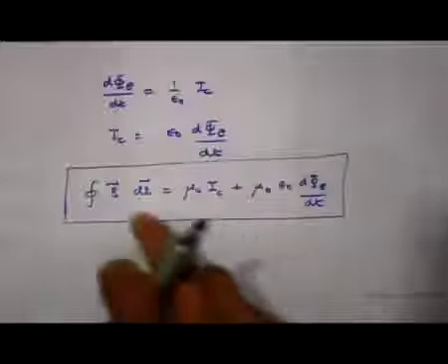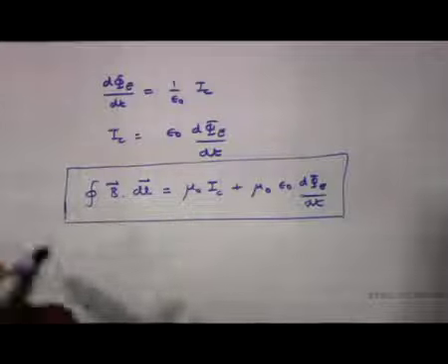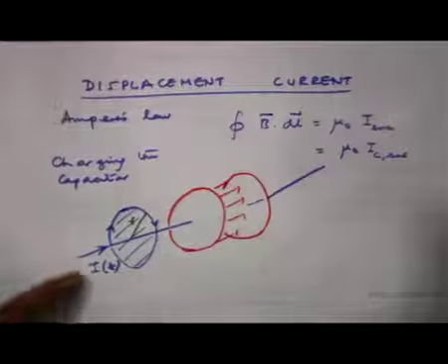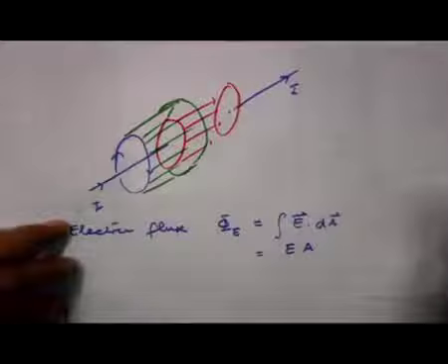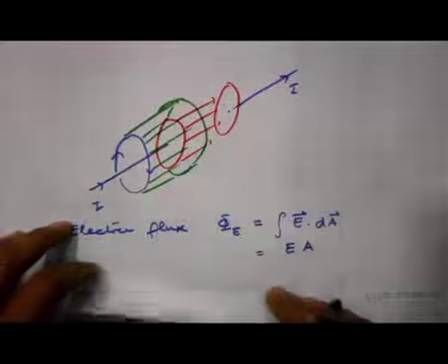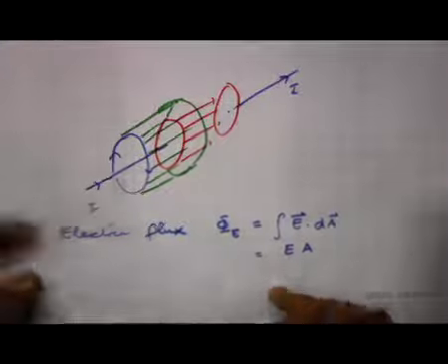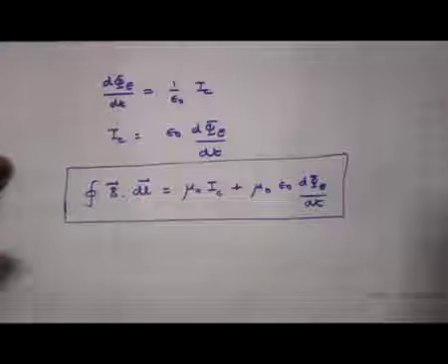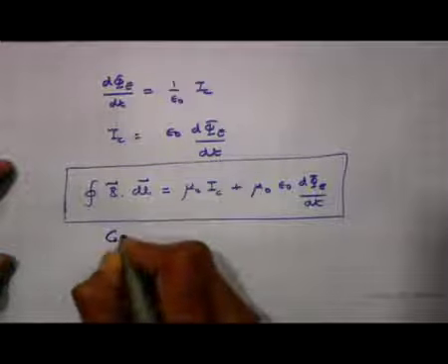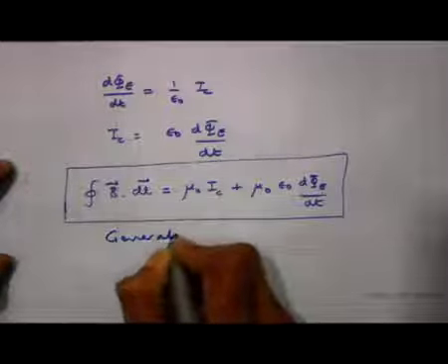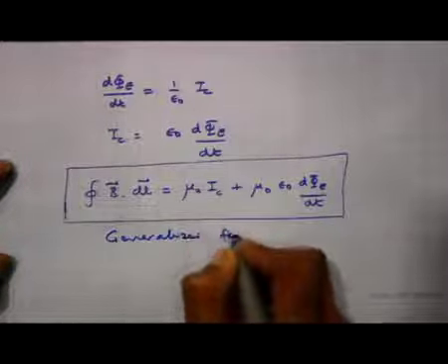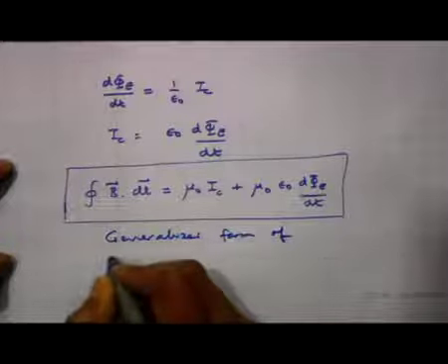So, this equation becomes valid whether I take a surface in which the wire is cutting, or a surface in which the wire is not cutting, but I am passing through between the capacitor plates. So, this equation is more general, and this is the generalized form of Ampere's law.